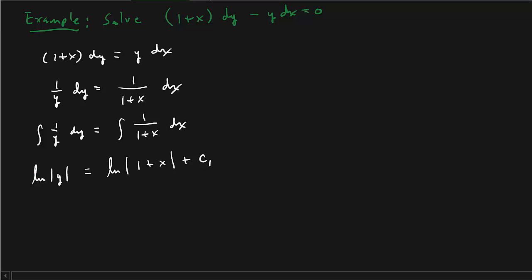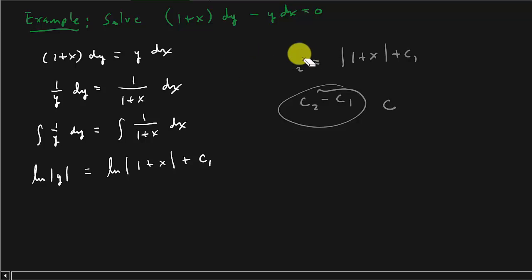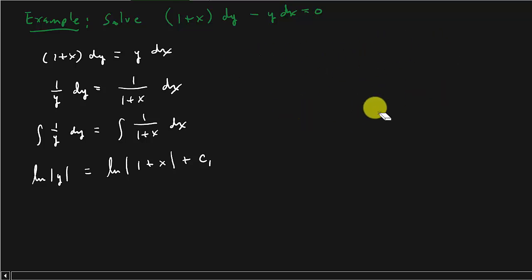In other words, if you wrote natural log y plus c2 equals natural log 1 plus x plus c1, and you move the c2 over, you're going to get c2 minus c1 for your constant over here. This is just some arbitrary constant, and we could actually just write that as c. So there's no need to add the constant on the left hand side. You just want to add it to the right hand side.